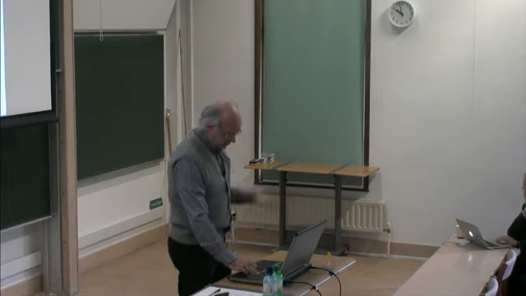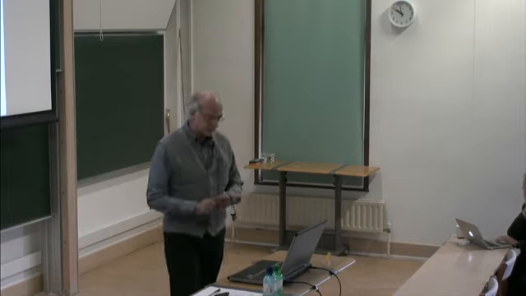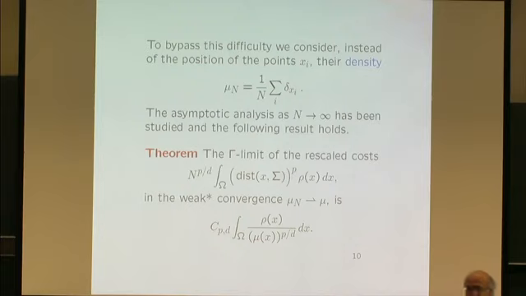And this is well known in the literature. And instead of looking at the precise discrete problem, you put a continuous variable, which is the density of the points, and so you end up determining a limit cost function, which is this one.